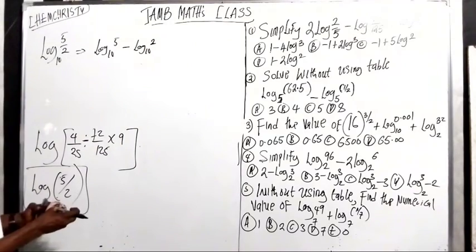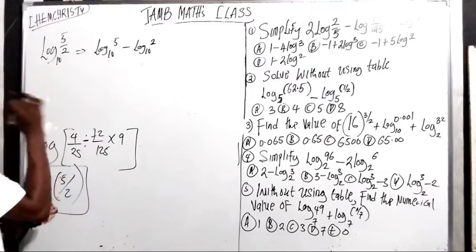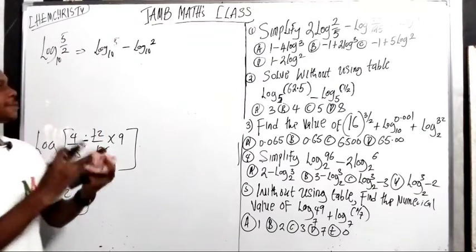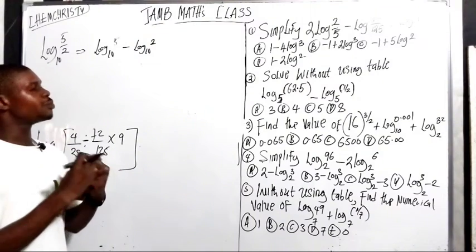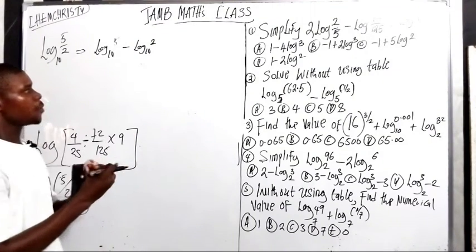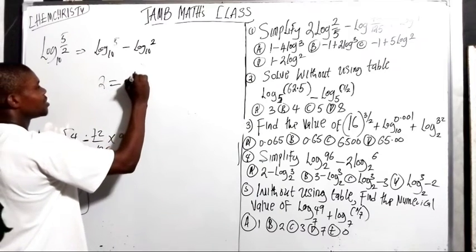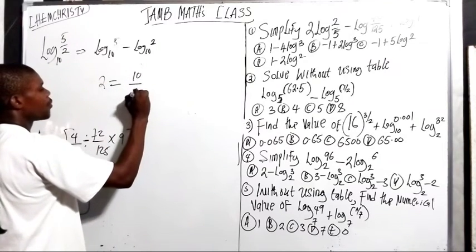That is it. How do we evaluate this one here? Remember, here is already 5. So I'm going to manipulate this one here. Remember, 2 can also be written as 10 over 5, right?